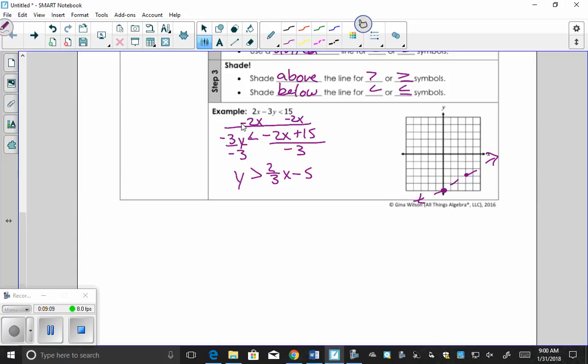Okay? According to step 3, I should do what? Shade above or below? Above. So I'm supposed to shade this area. Okay? If you don't remember the step, this is what I do. What is the easiest ordered pair you can think of? 0, 0. That's the easiest ordered pair you can ever think of. Plug 0, 0 in. 0 for y, 0 for x.